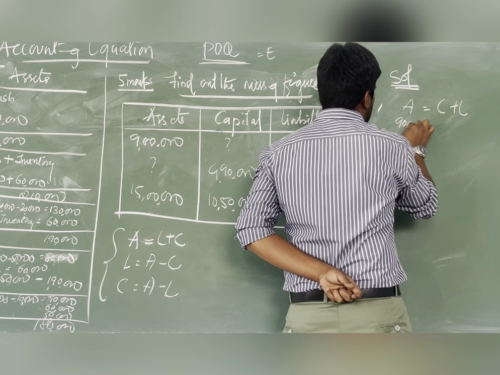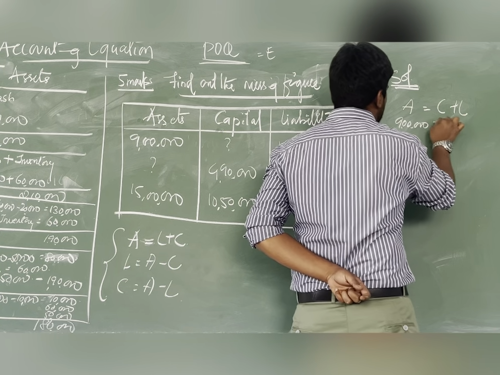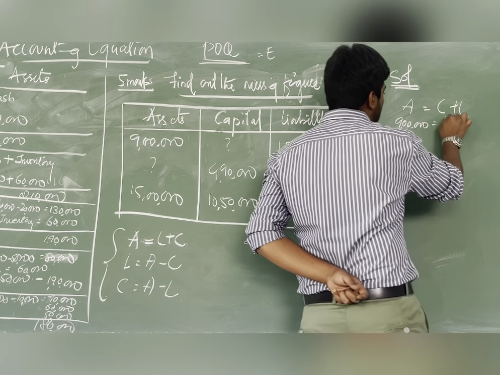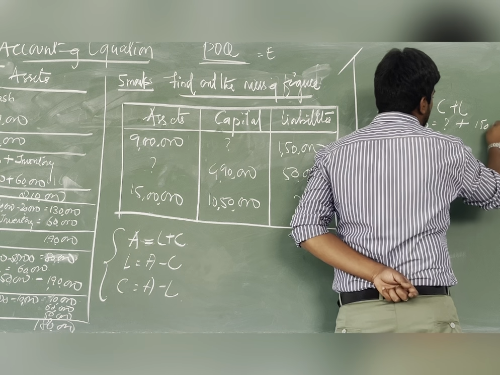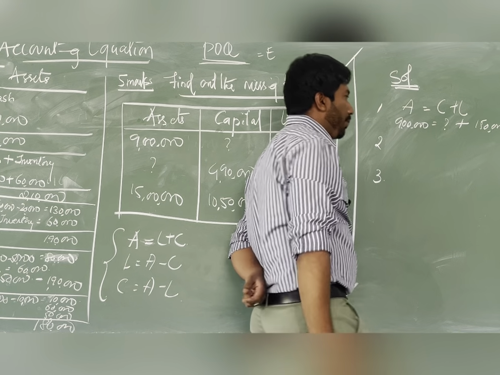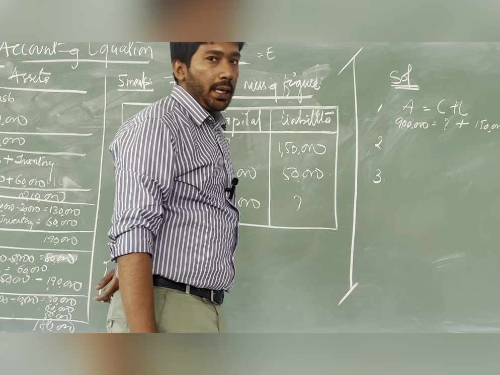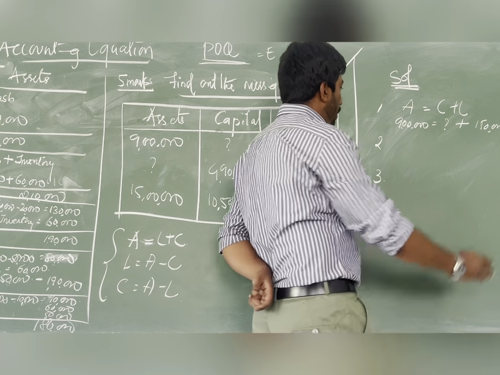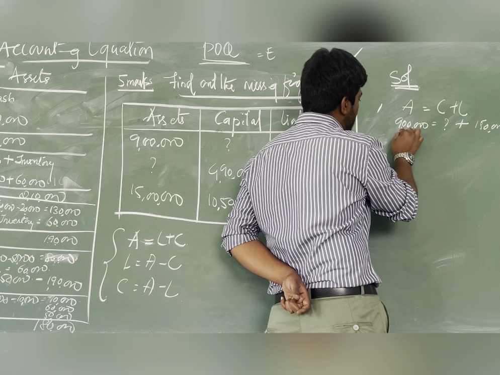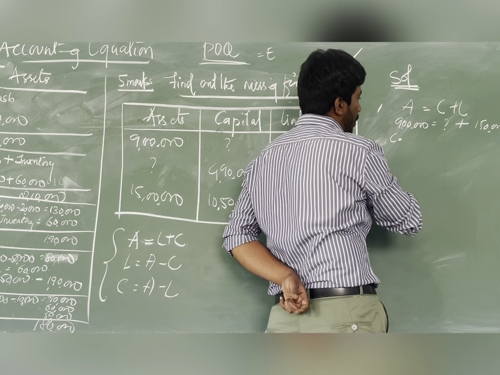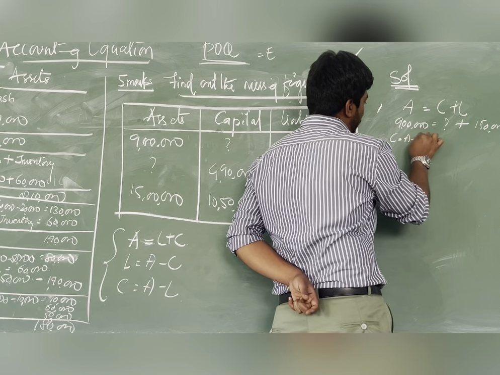Asset value is given as 9 lakh, is equal to capital we don't know plus liability we know is 1 lakh 50. So now we need to find out what is the answer. So we will just reciprocate, okay? We will just make this as C is equal to A minus L.